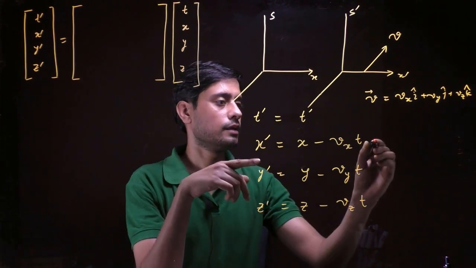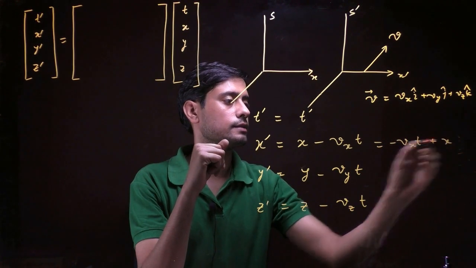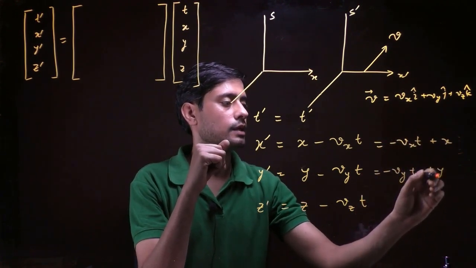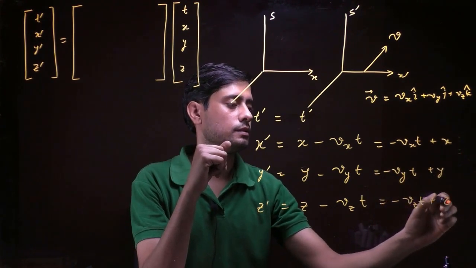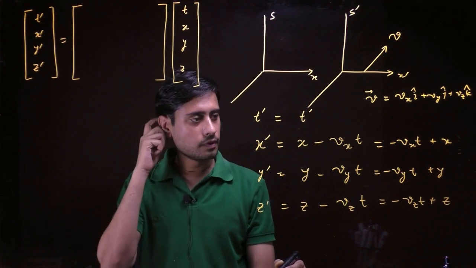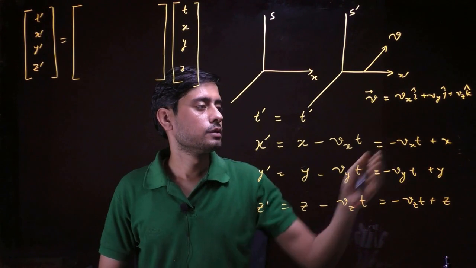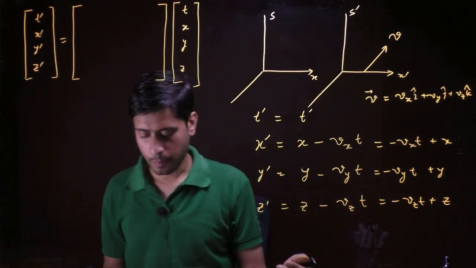Now we will write it in this form: minus vx into t plus x, minus vy into t plus y and minus vz into t plus z. We will give preference to the t term because it will always come first.